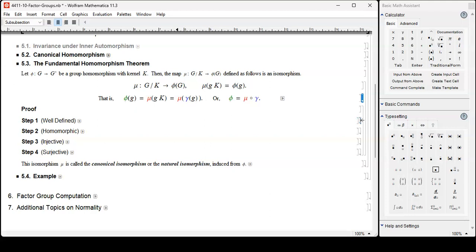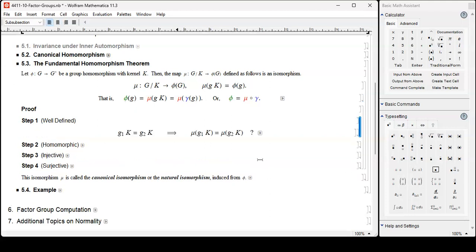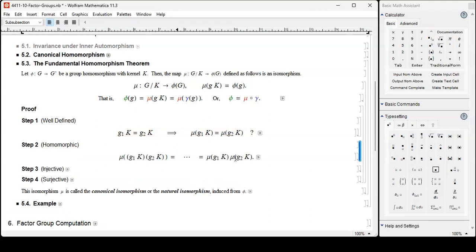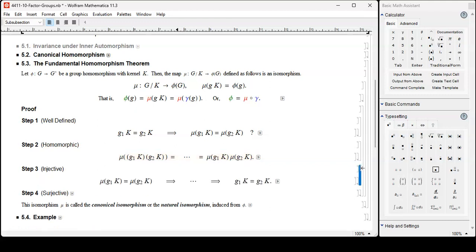And let's go ahead to the proof. How to prove this is well defined? This is what we have to establish: same input, then same output. Homomorphic, that's what you have to do: the group operation is preserved here for G over K and for G prime. And then injective: the same output must have come from the same input.